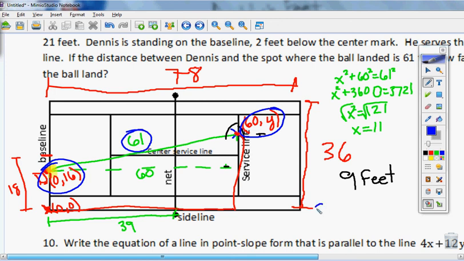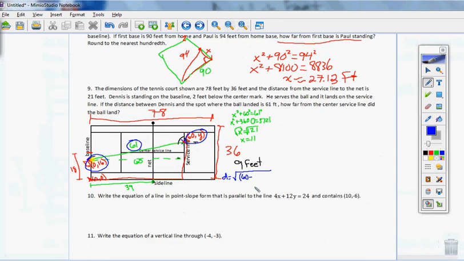So when you have the distance formula equal to the square root of, well, look how you would do this. You could do 60 minus 0, quantity squared, plus the y's, y minus 16, quantity squared.